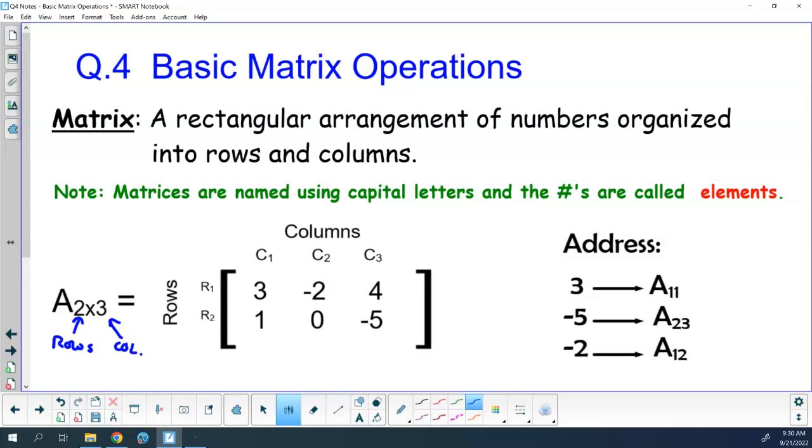So for instance, the element of 3 lives in the first row, first column, so its address would be A11. -5, an element in our matrix A, would live in row 2, column 3, so its address would be A23.